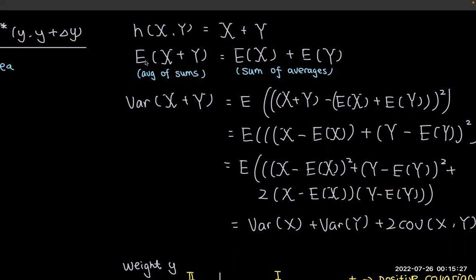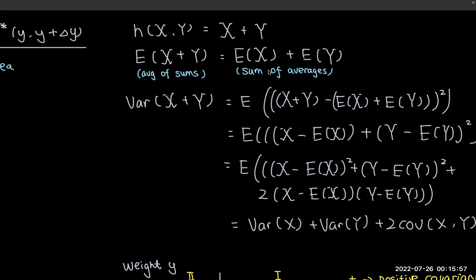We know that E of x plus y equals EX plus EY, because E is the population average. We average over all the population, all the points. This can be done by first looking at the average of x, then the average of y, and then summing them, and you get the average of x plus y. In other words, the average of the sum is the sum of the average of x and the average of y.